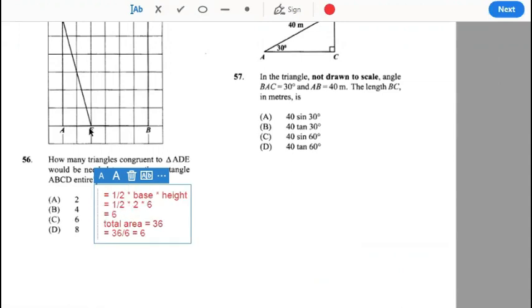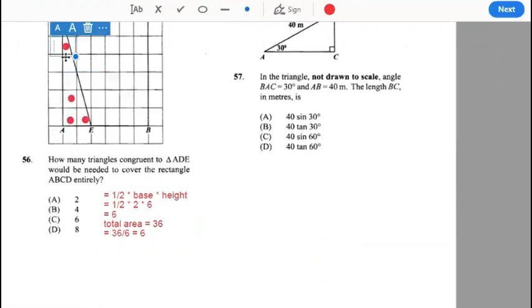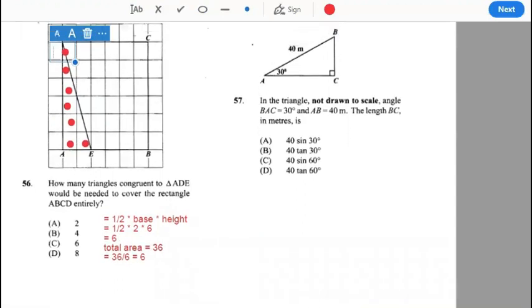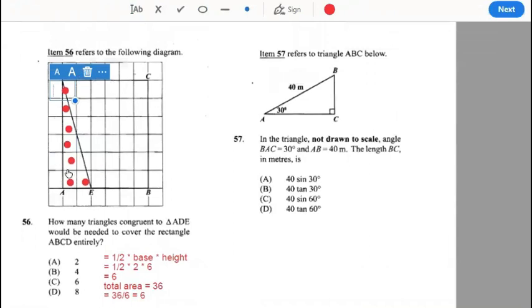And the base is 2, and the height is 6. And the total area, which is the amount of boxes encompassed within this ABCD rectangle, is 36.